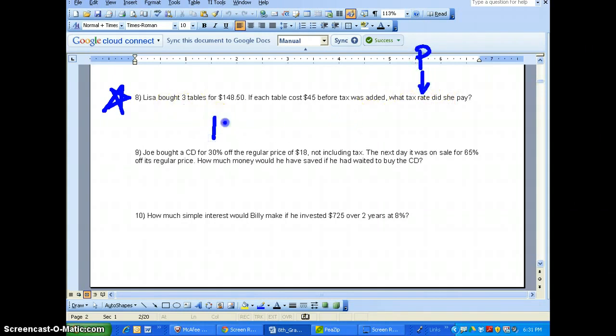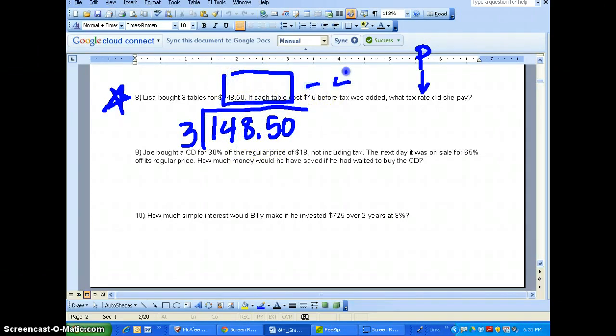Well, the first thing I would do is I would take $148.50. That's the price including tax for 3 tables, and then I would divide by 3. Okay? Once you get that number, take this answer right here and subtract $45. This answer here has the tax amount in it.